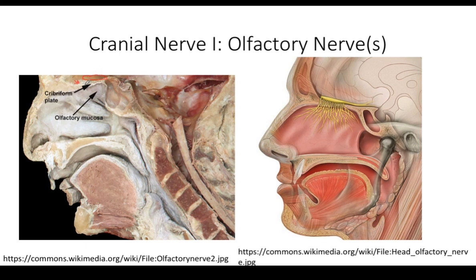And then remember, the cribriform plate is very porous, and those foramina or pores are called olfactory foramina. So basically, the cranial nerves, olfactory nerves 1, project through those foramina and generate action potentials or signals to the olfactory bulbs, which you can see here in this more clear-cut image on the right.